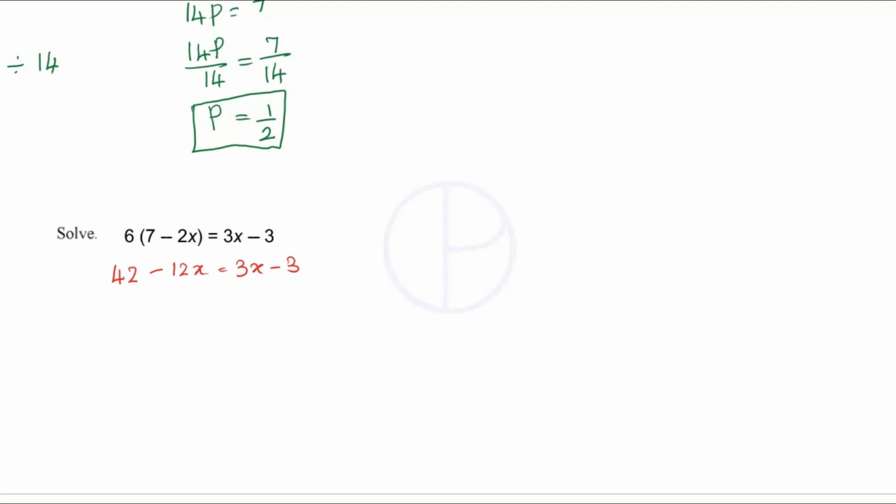So we have to try to group the terms with x into one side and constant term into another side. Let's try to move the smallest coefficient of x, which is negative 12 here. So to eliminate negative 12x, let's add positive 12x on both the sides.